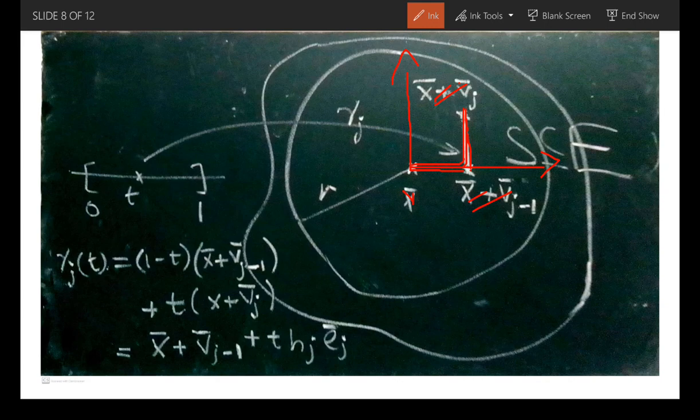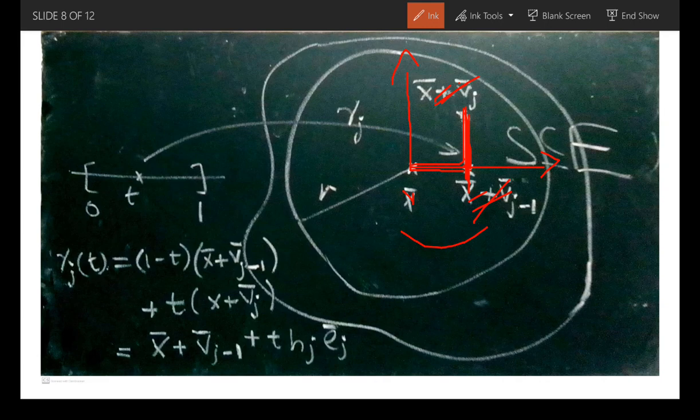Norm of x plus Vj minus x is precisely norm of Vj, which is less than r. Similarly, this distance is also less than r. And since S is convex, not only these 2 points lie in S, but also the line segment joining these 2 points lies in S.